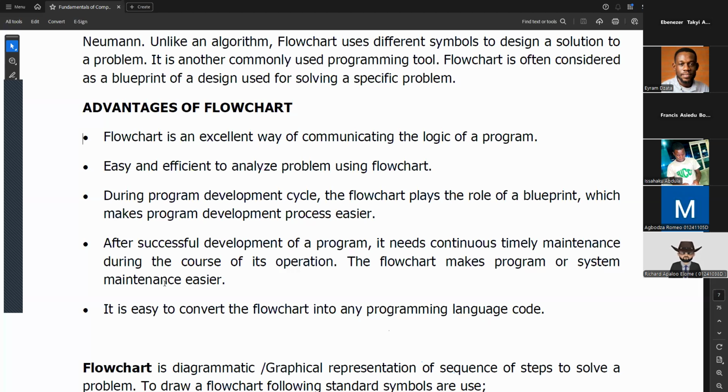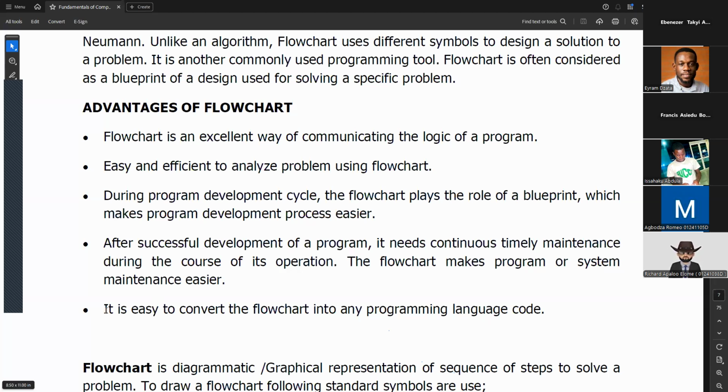So if there's an error, a bug somewhere, or some maintenance issue, you can identify it. When you go back to your flowchart or even your algorithm, you're able to trace where that error is coming from, and then you resolve it.